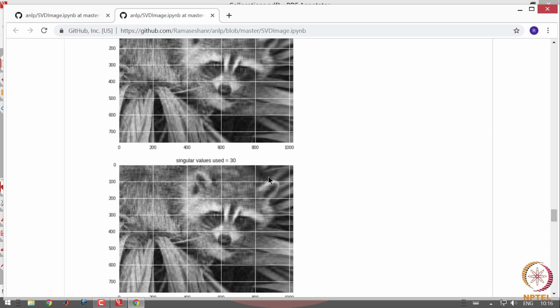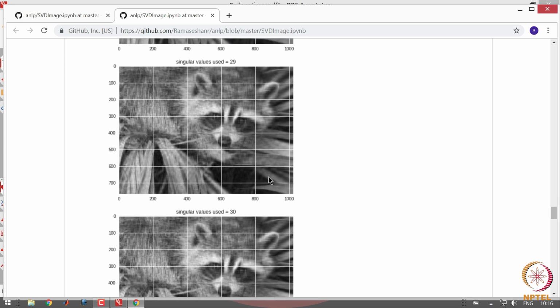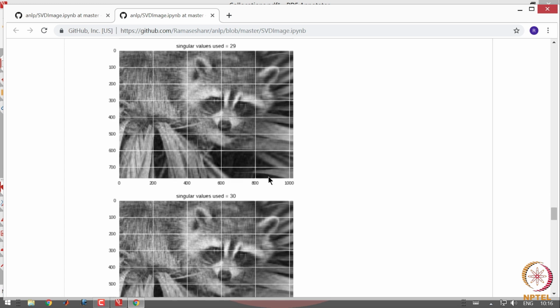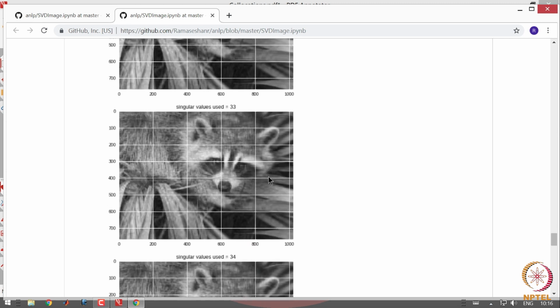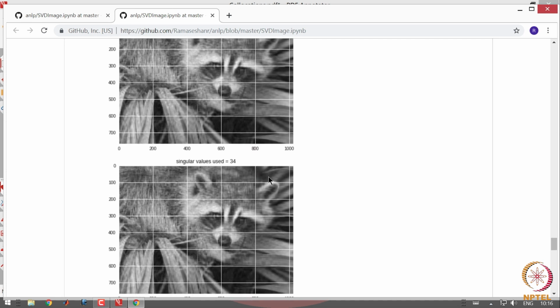And then as you go down the path of the singular value matrix, more and more patterns emerge, and since they are orthogonal to each other, they are superimposed on top of whatever was done in the previous reconstruction, and so on. Every time you increase the singular value, more patterns appear which did not appear in the previous set of singular values.